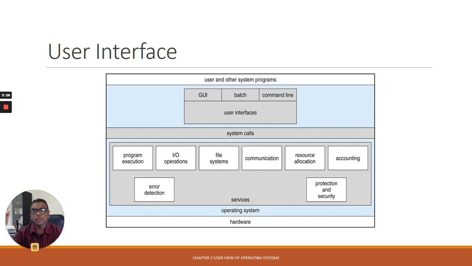For example, you double click on PowerPoint, so PowerPoint initiates, or you open PowerPoint and you click on print, so your input-output operation starts, or you can even see the file structure, or you can do some communication, resource allocation, copy, or you can copy paste files, and you can see how many files are available, and you can set up a password to a file, and you can see which file maybe has some problems, and so on and so forth. And all of these calls will have direct access to the operating systems over here.